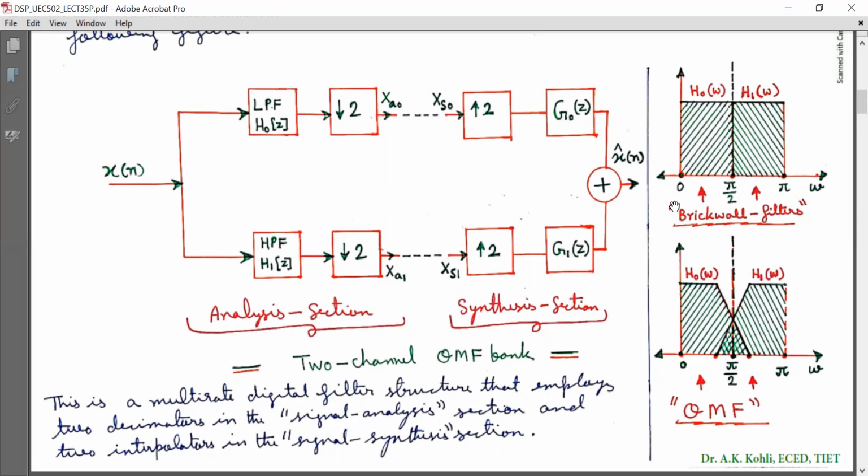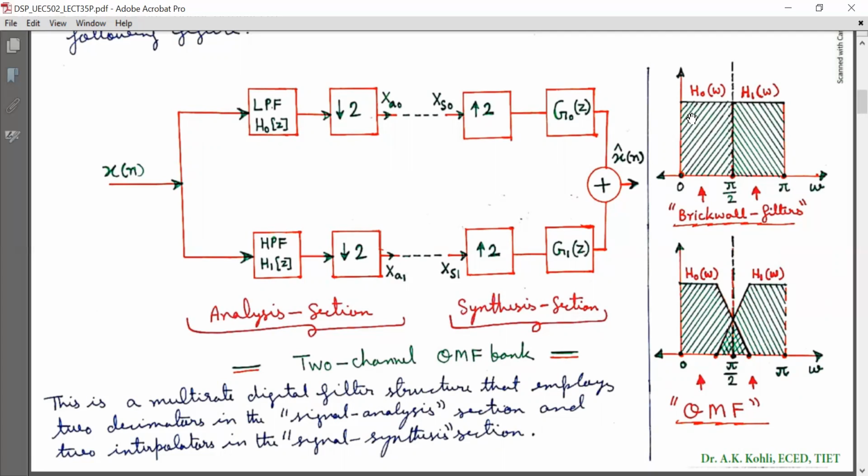Now we will look at the magnitude response of the filters H0(z) and H1(z). So we will consider their DTFT. These are brick wall filter responses. Look at this. This is the response for H0(omega), and from pi by 2 to pi, the response of H1(omega) is clear.